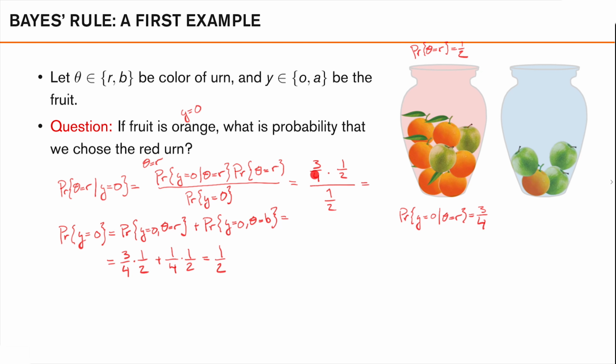So if we solve this, we see that these cancel out and we get the probability to be 3/4. So the probability that we picked a fruit from the red urn, given that we picked an orange, is 3/4.